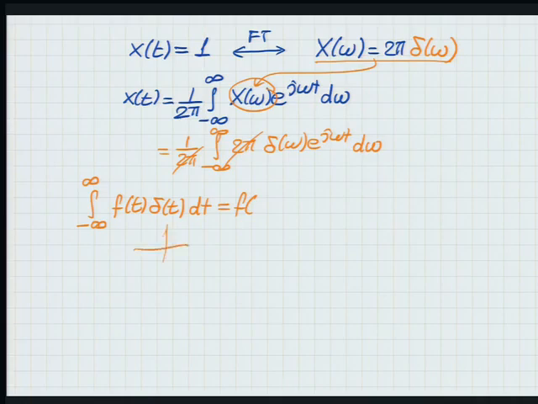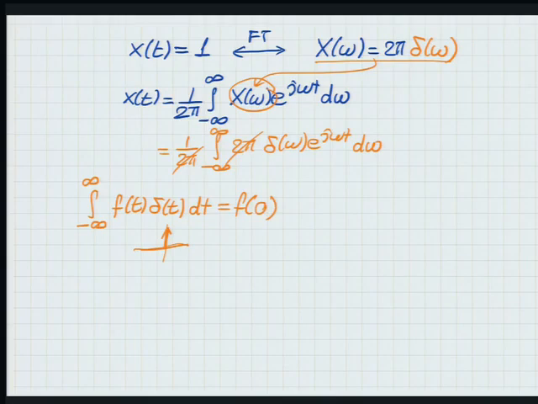Remember what delta looks like. It's just 0 everywhere, right? No value of f will matter other than t equal to 0, right? And somehow it has an area of 1 underneath, right? So it will actually spit out f of 0. So that's one of the fundamental properties of delta that we discussed, okay?